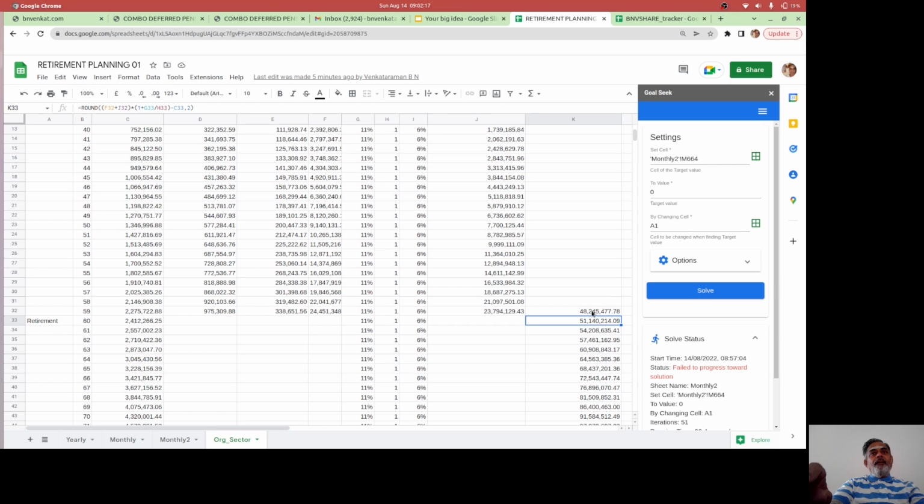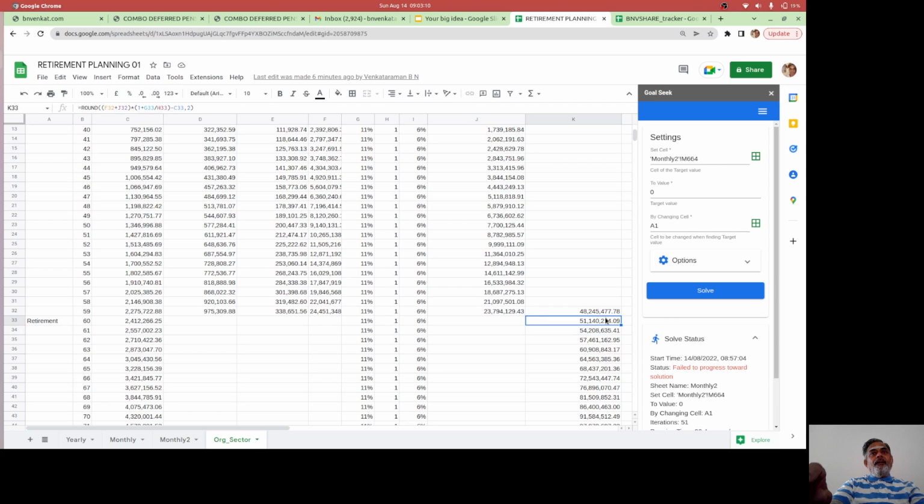The previous figure, that is the PPF generated corpus plus our investment generated corpus, multiplied by 1 plus a return factor of 11% interest, minus the expenses for the year, that is for the first year, this works out to 5.14 crore.